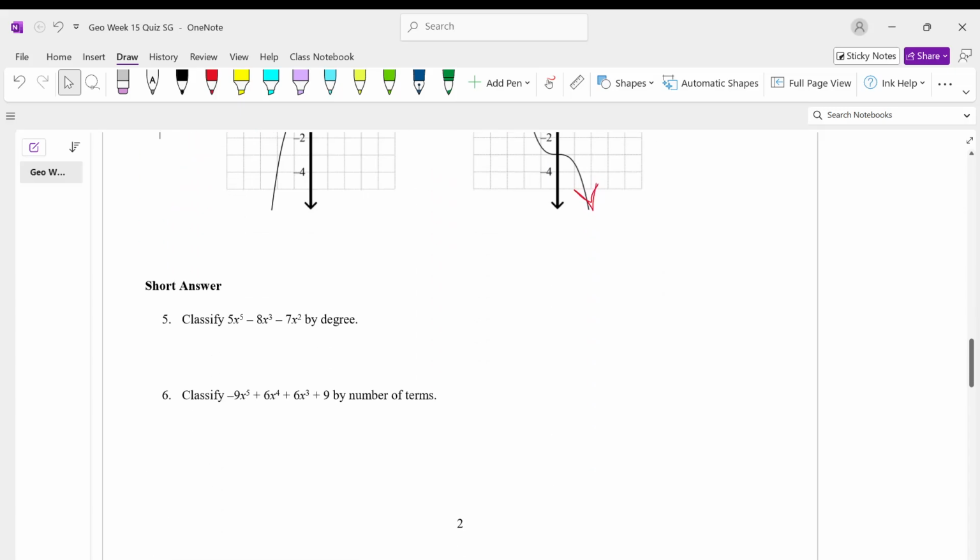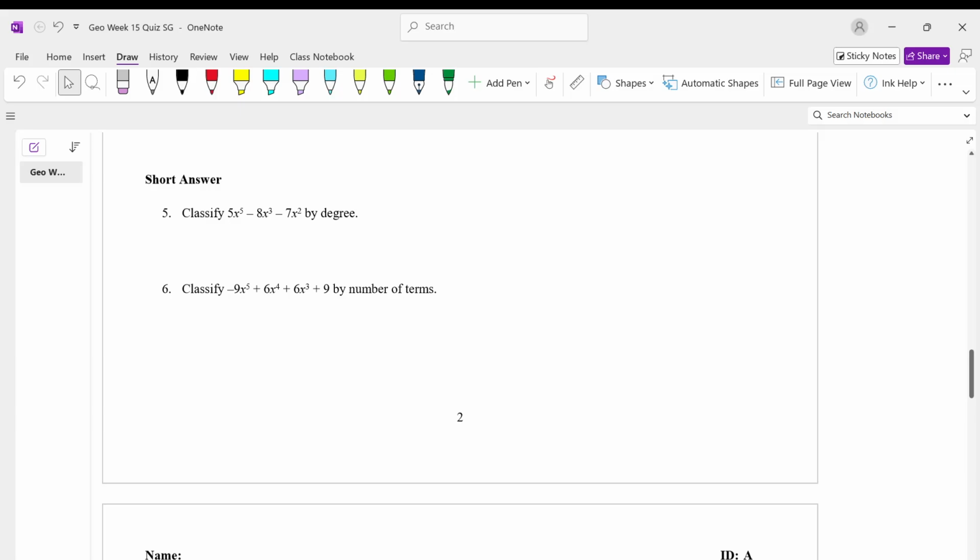Problem number 5, you are asked to classify by degree. When you classify by degree, you're looking for the highest exponent, the largest exponent in this polynomial. And that's right here. That's this 5x to the 5th. All right. Who remembers when you're classifying by degree what the 5th power is called? Good.